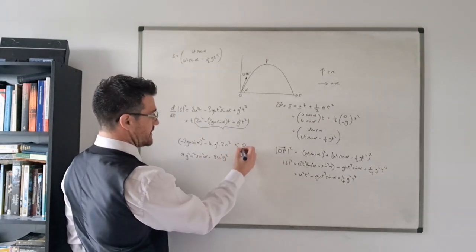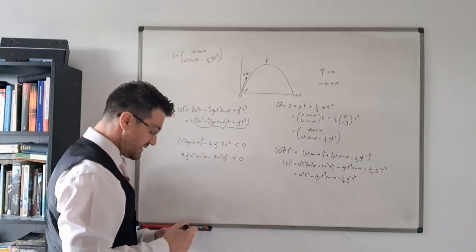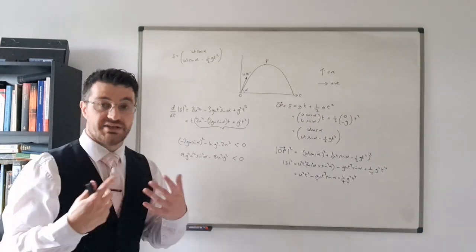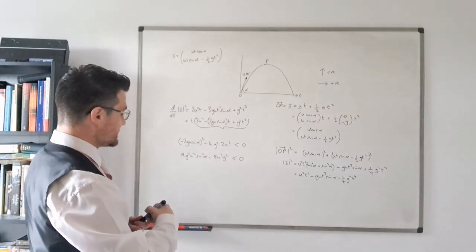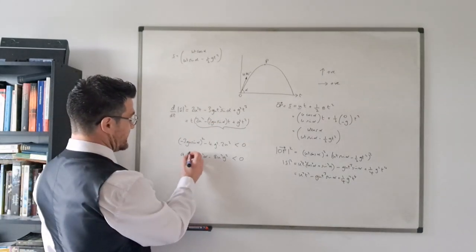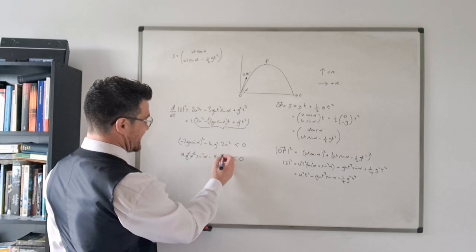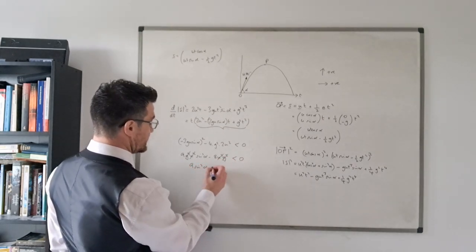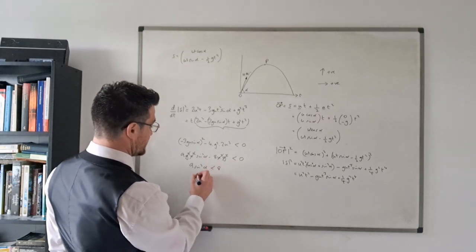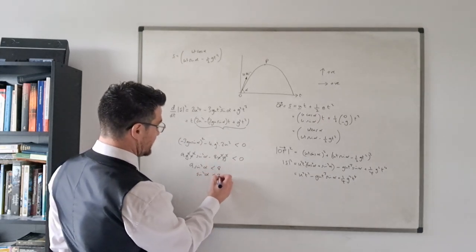Less than 0. Why less than 0? Because that's the condition that guarantees no real roots. Okay, less than 0. So if that's the case, g squared u squared cancels, and what do I get? 9 sine squared alpha is less than 8. So sine squared alpha is less than 8/9.